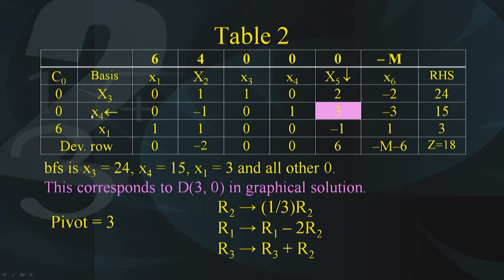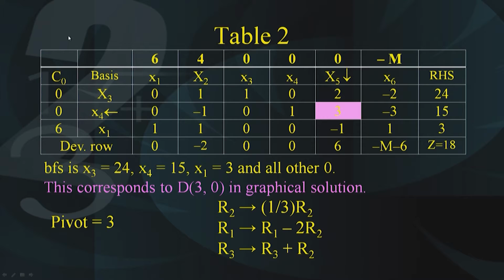You will observe that this entry was earlier minus m because we had x6 over there, but now since x1 has entered, we need to change this entry as well. So, this entry has to become 6 because the coefficient of x1 in the objective function is 6. Therefore, this entry will also change.